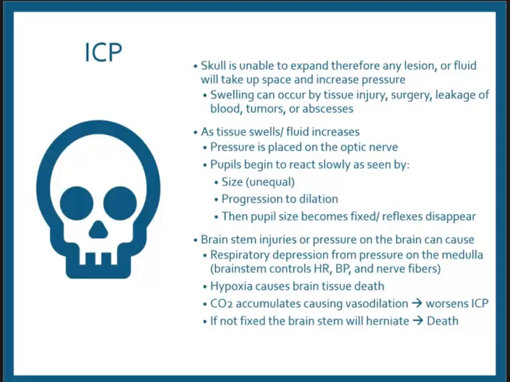It's being compressed. There's no blood flow going through it. It is going to die. So if your brain stem is being herniated, it's almost like it's severed and it's not getting any oxygen to that tissue. So those neurons, that tissue, is going to die off. What does that mean? You're going to have no respirations, no heart rate, no blood pressure.